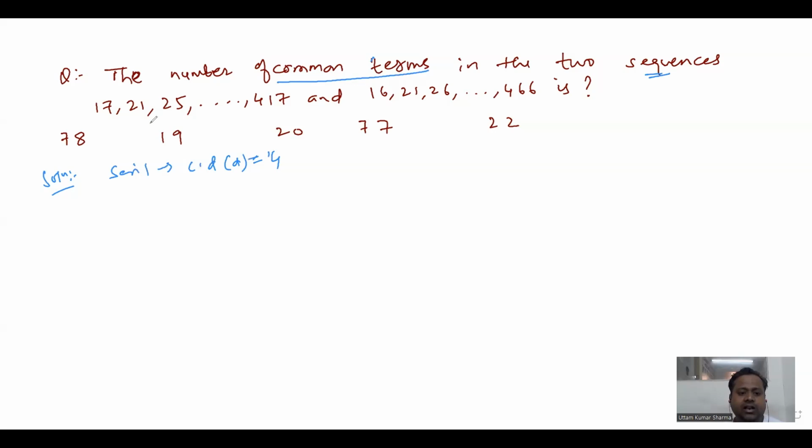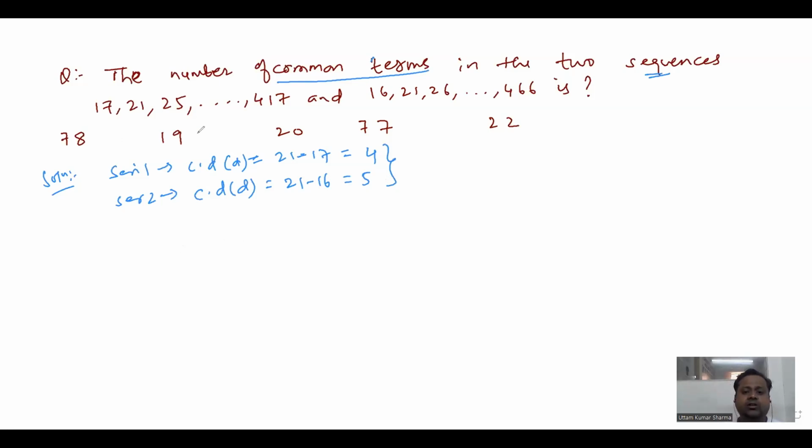You know how to calculate it? 21 minus 17. The difference between consecutive terms, right? Successor minus predecessor. And series 2, we have common difference D as 21 minus 16, that is 5, right? So these are the two series.